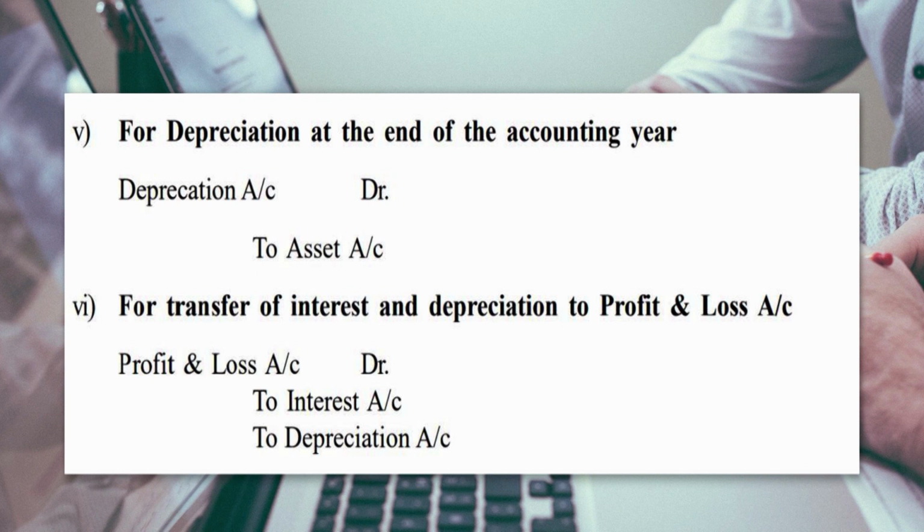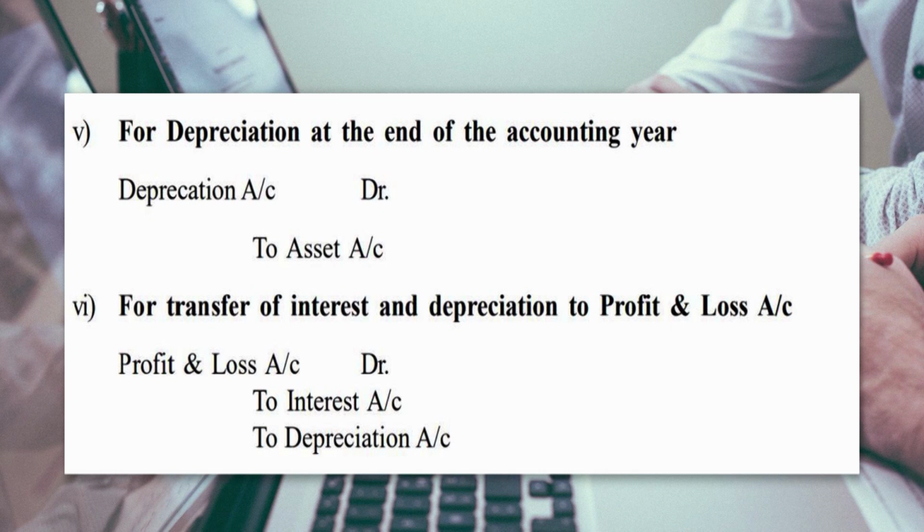So therefore the depreciation account will be debited, to asset. So here the value of the asset is going to be reduced. Therefore in order to reduce the value of that asset by the same amount, the asset account has been credited.